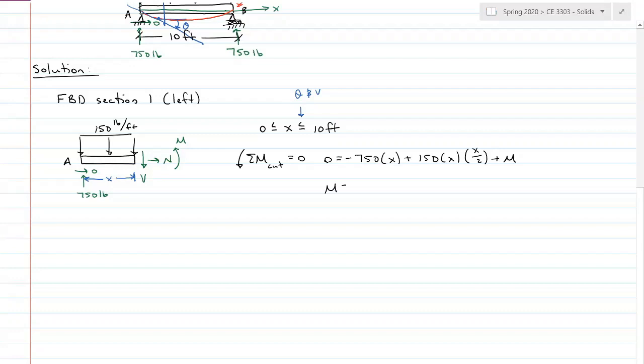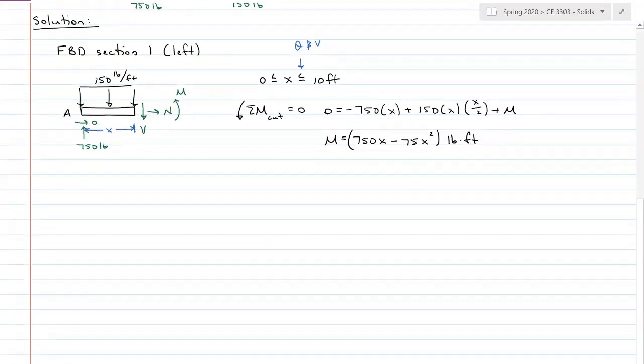So my moment equation is equal to 750x minus 75x squared, and this will be in pound feet. Okay, so this is what we did with shear and moment equations way back at the beginning of the semester.